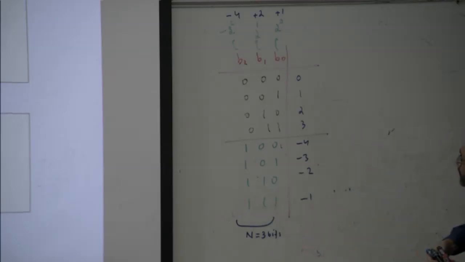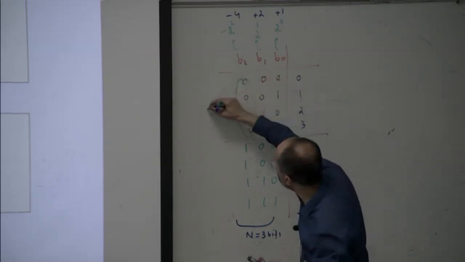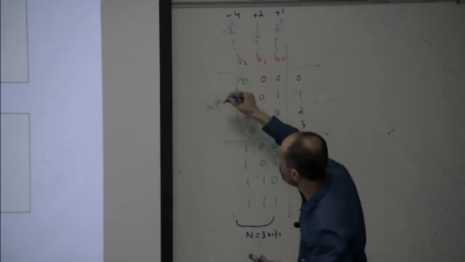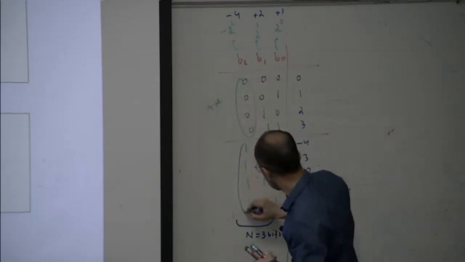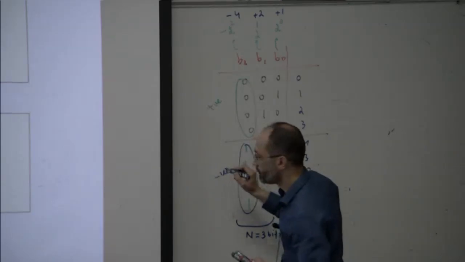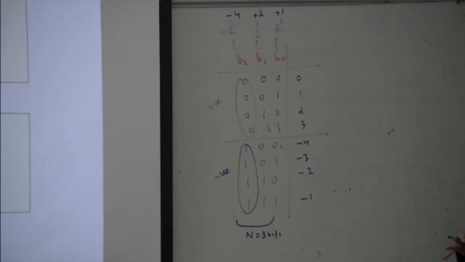Now if you look at the MSB: when the MSB is 0, it means it's a positive number, and when the MSB is 1, this implies it's a negative number. There are a lot of observations here.